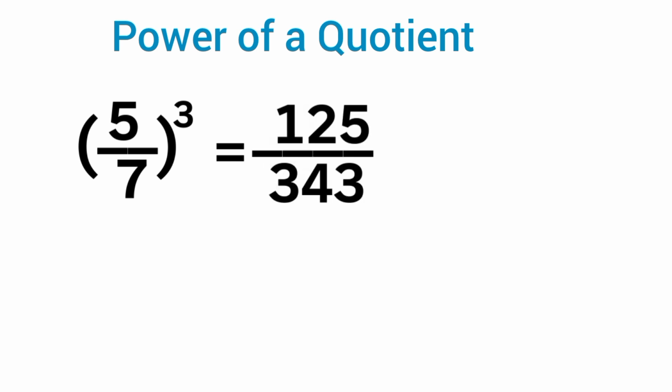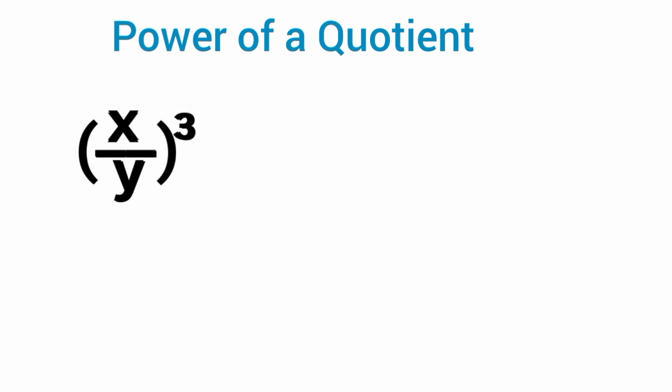Simplifying, we have 125 over 343. So you raise both 5 and 7 to the power 3, or cube. So you have the quantity x over y raised to the power 3, or cube. This is equal to x cubed over y cubed. That's the power of a quotient.